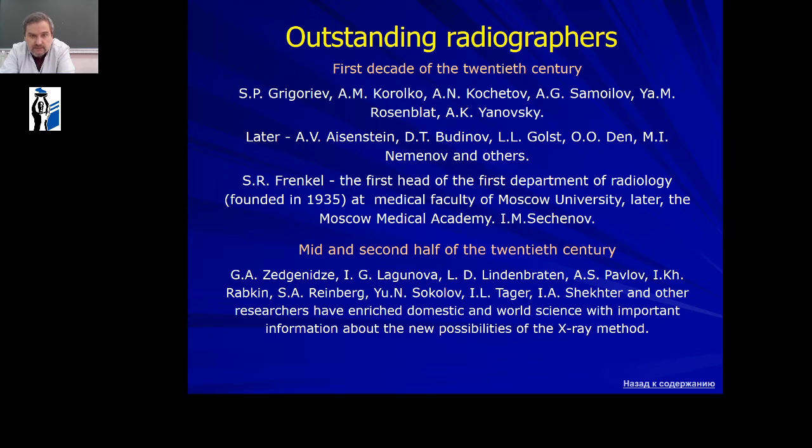In the middle and second half of the 20th century, outstanding radiographers are Zedzhenidze, Lagunova, Lindenbratton, Pavlov, Rabkin, Reinberg, Sokolov, Tager, Schechter, and other researchers have enriched domestic and world science with important information about the new possibilities of the X-ray method.